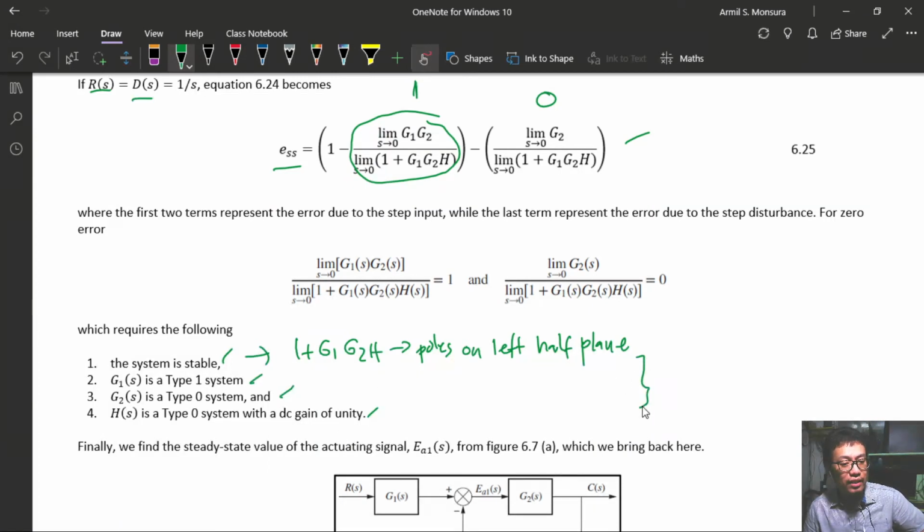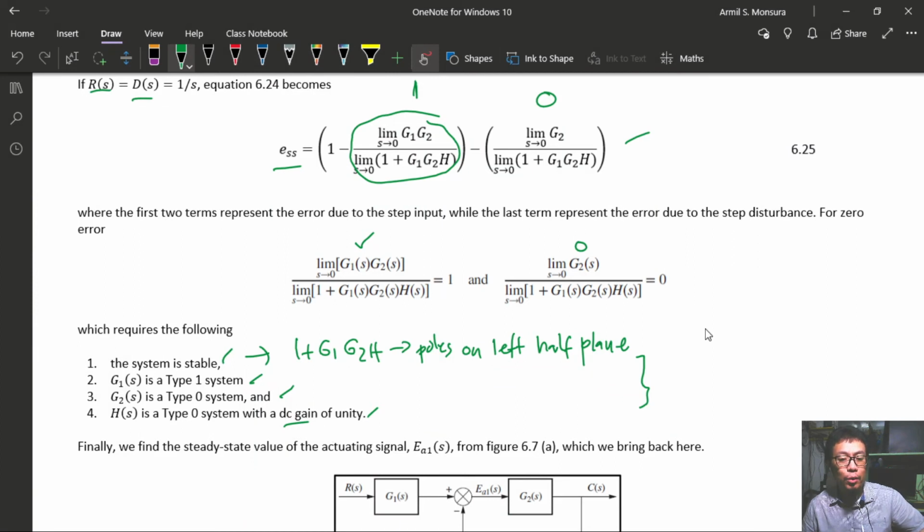Now, I would like you to verify on your own these requirements, so that we can verify or know that this will indeed become 1 and this will indeed become 0. So just use example systems of type 1 and type 0, and type 0 for H, whose DC gain is unity.